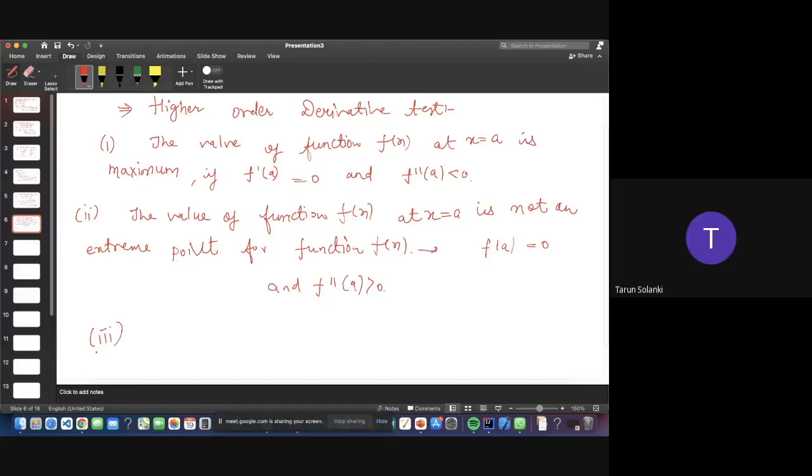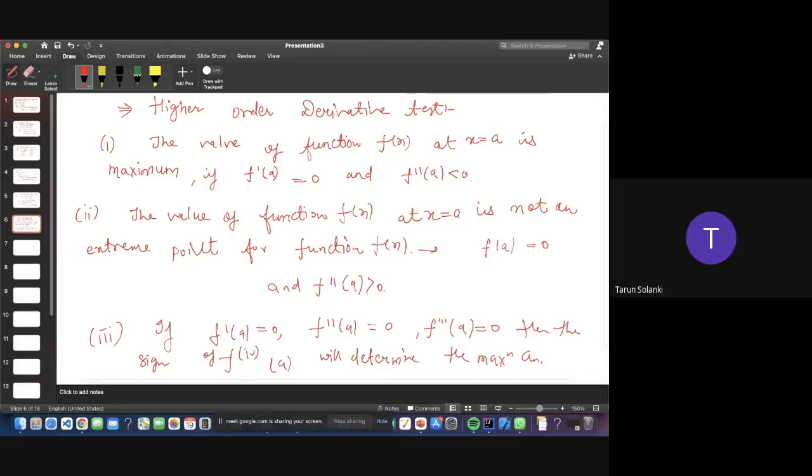Next point, if f dash a is equal to 0, f double dash a is also equal to 0, and f triple dash a is also equal to 0, then the sign of the fourth derivative of a will determine the maximum and minimum value of the function.